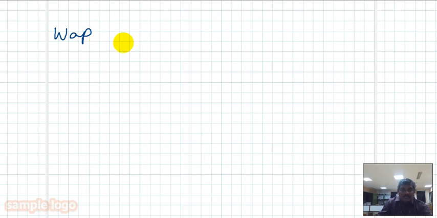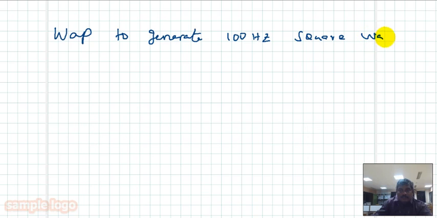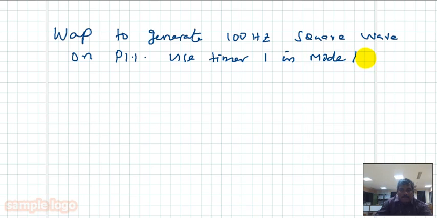You complete the task: write a program to generate, say, 100 Hertz square wave on P1.1. Use timer 1 in mode 1.